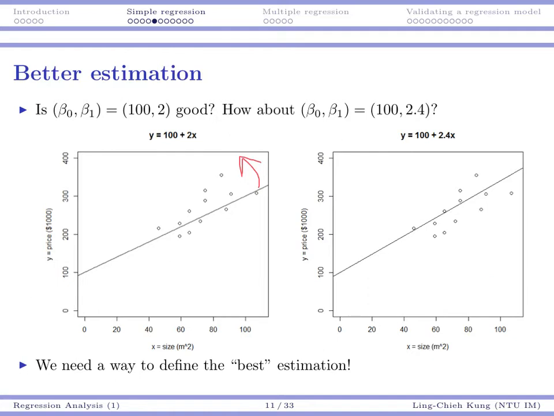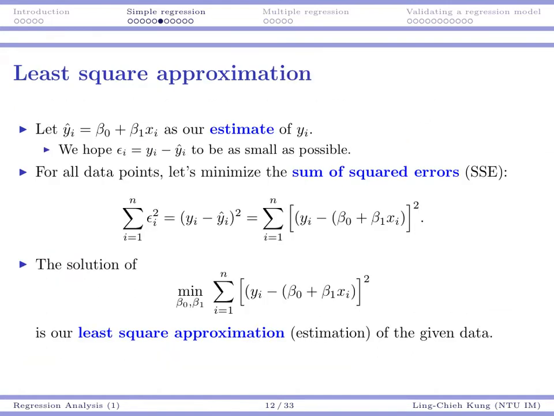Then we need a way to somehow summarize or aggregate all those deviations, all those epsilon i. Okay? Then very naturally you will think about the following. Some numbers are too large and some numbers are too small. This is very similar to the case that we want to summarize the variability of a variable.